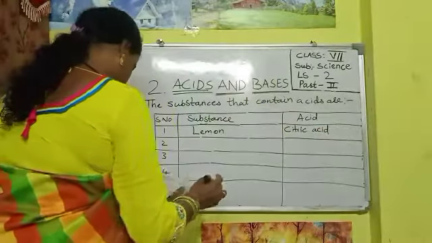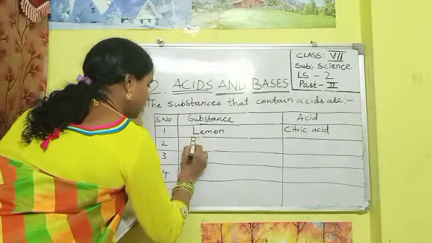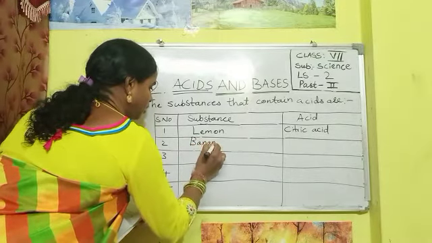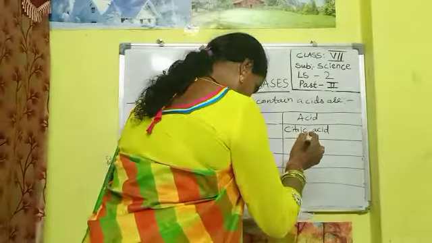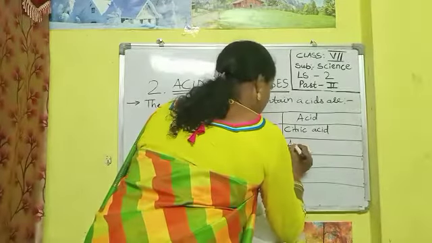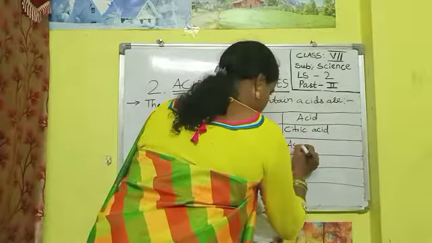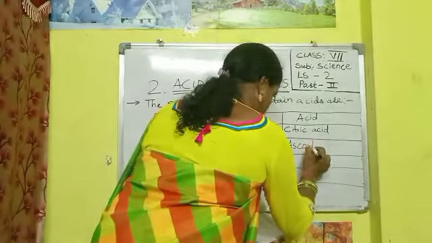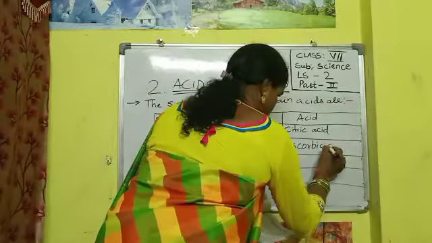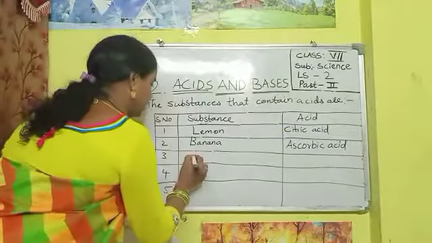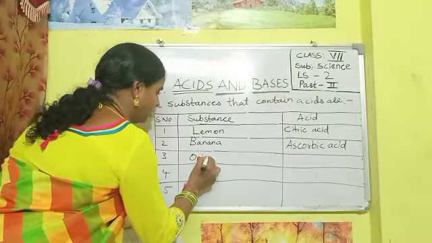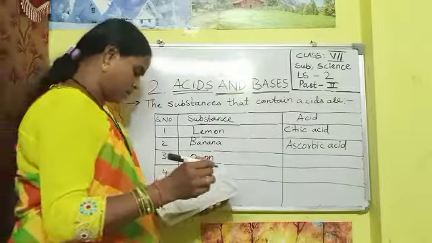Banana, ascorbic acid. Onion, sulfuric acid.